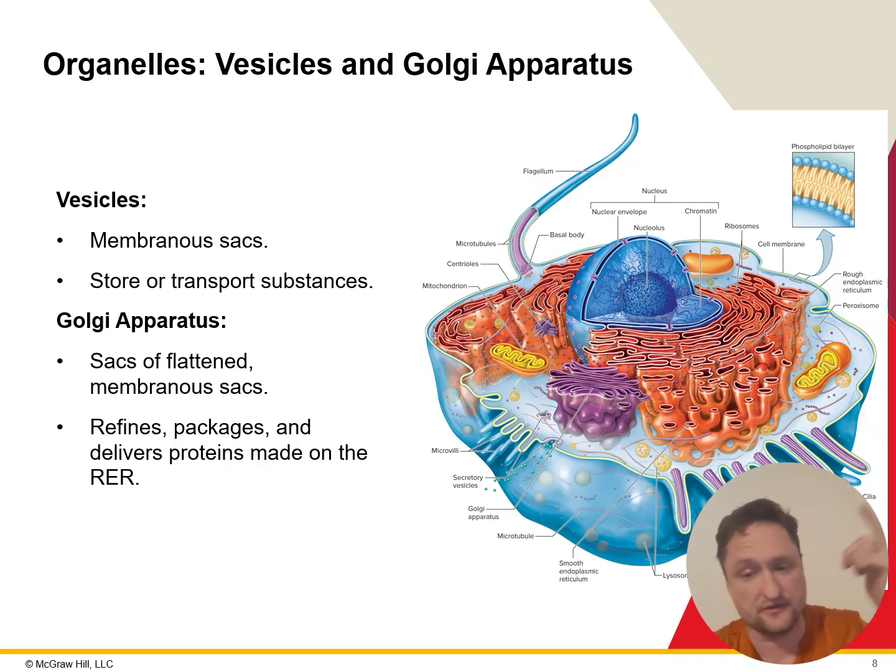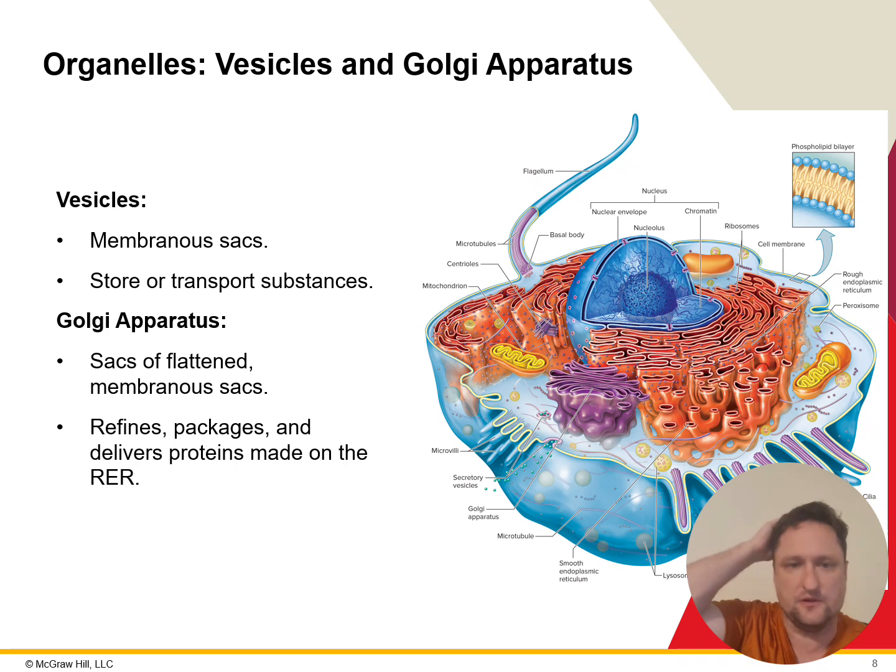Remember, phospholipids is what most of the cell membrane is made from. So once packaged in the vesicles, these products may be secreted from the cell via exocytosis or sent to lysosomes for use within the cell. The efficient functioning of the Golgi apparatus is critical for maintaining the flow of materials that the cell uses for growth, repair, and communication.